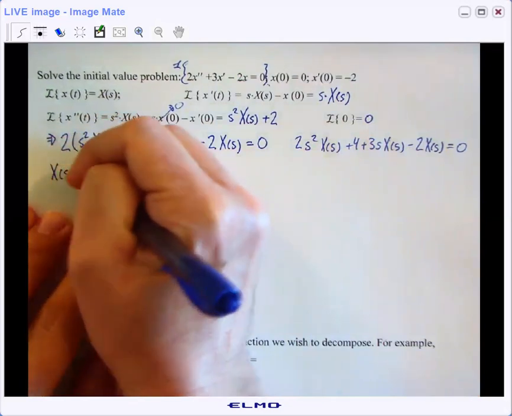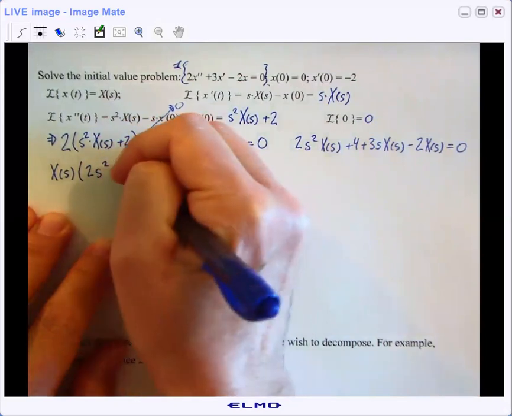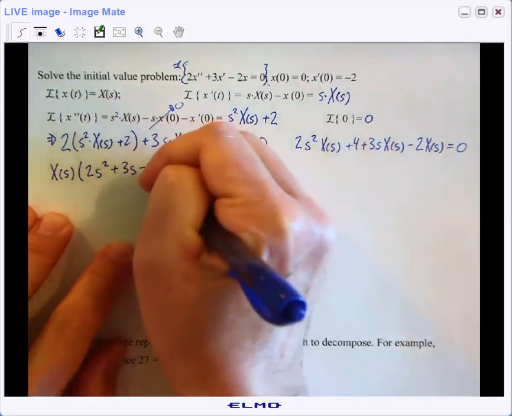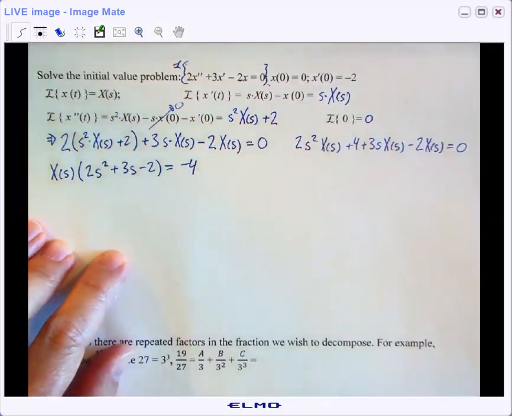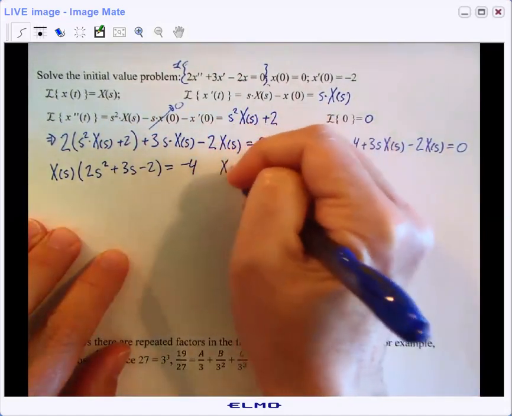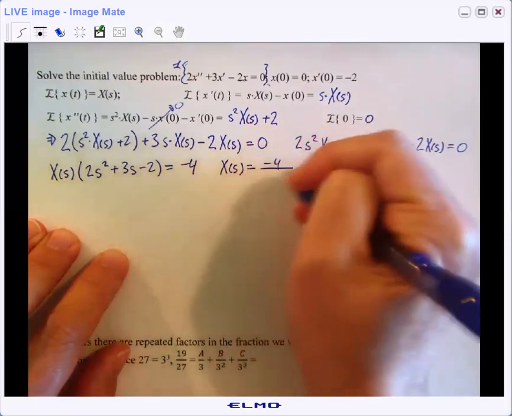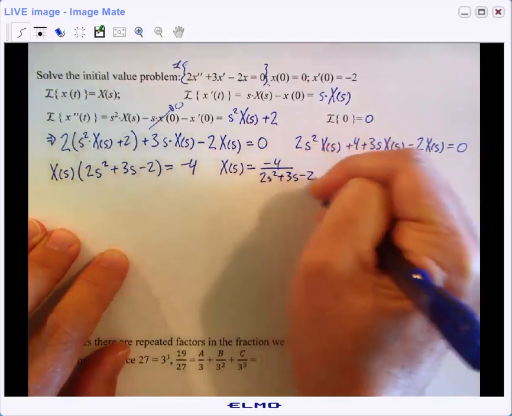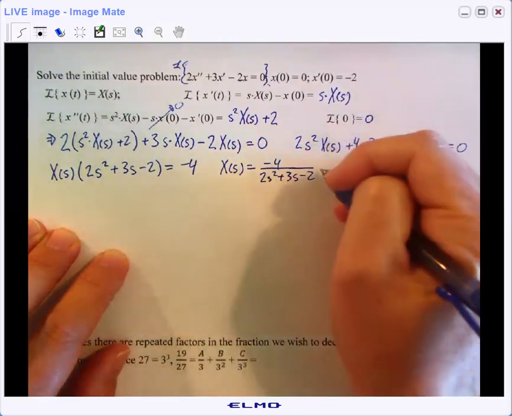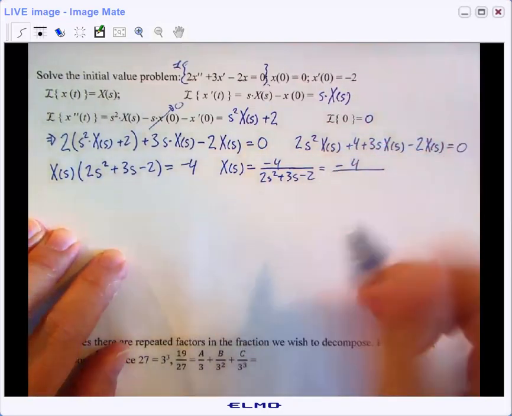So we'll do 2 baby algebra steps in 1. Okay. And therefore we find out that capital X of s is negative 4 over (2s squared plus 3s minus 2). And if we're careful, we notice that that denominator even factors.